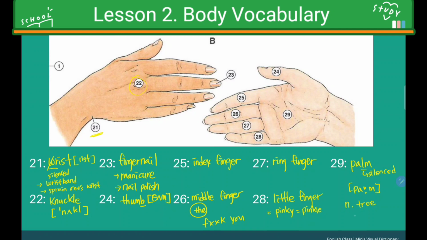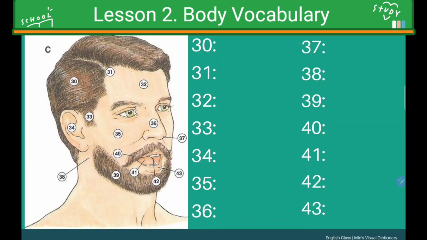Palm tree that has coconut. Coconut tree. We call that palm because it looks like that, right? It looks like the palm of our hand. All right.